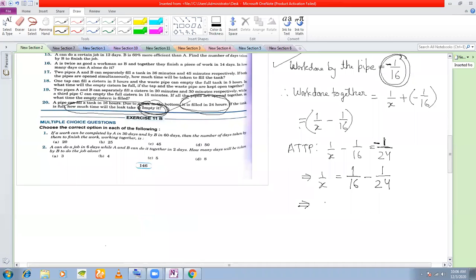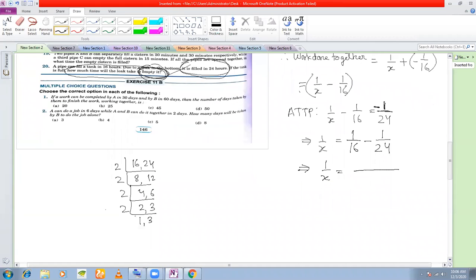Now if you take the LCM, what is the LCM of 16 and 24? Let's see. How much is the LCM? 48.